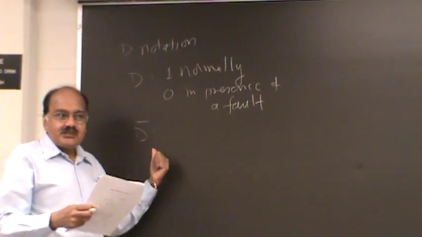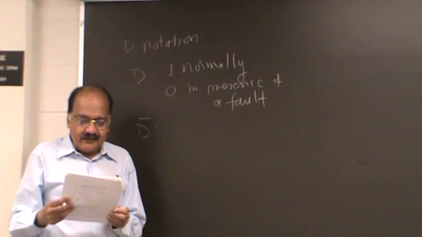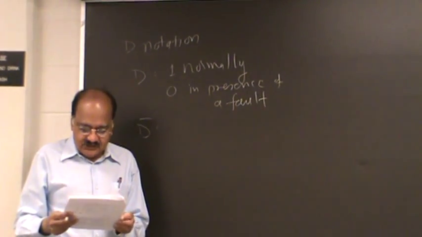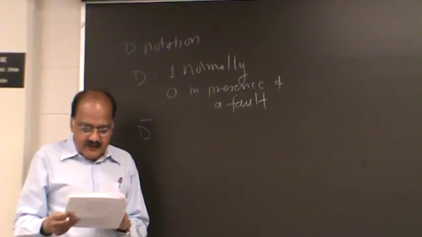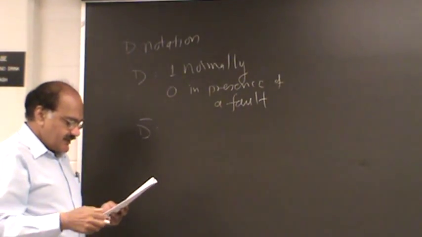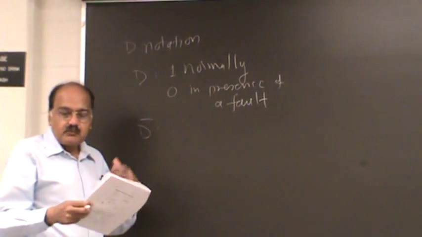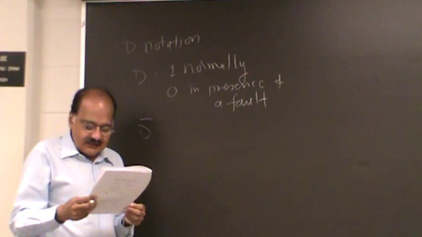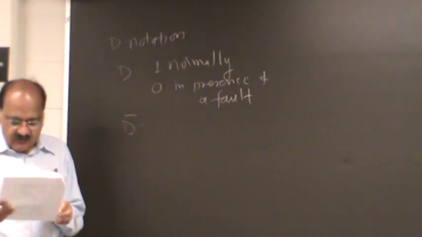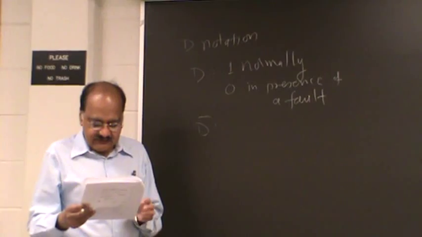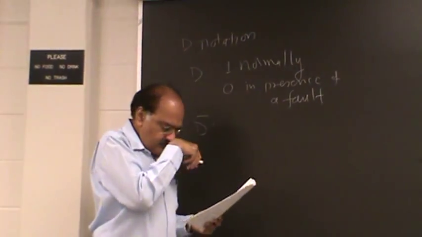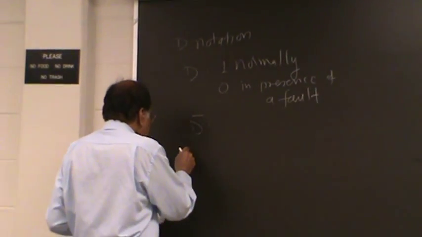So D bar means 0 normally and 1 in presence of the fault. And we looked at rules for propagation for the D algorithm, which are basically simple, follow basic rules of algebra. And we looked at the single path propagation.